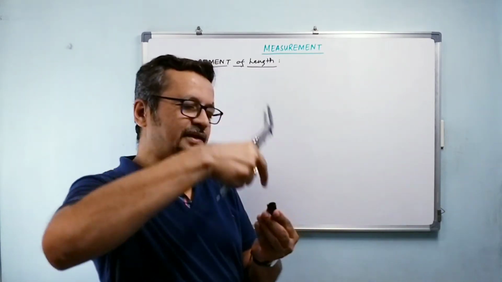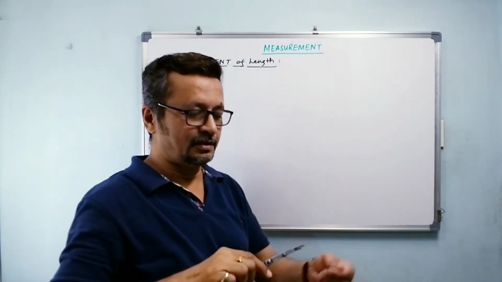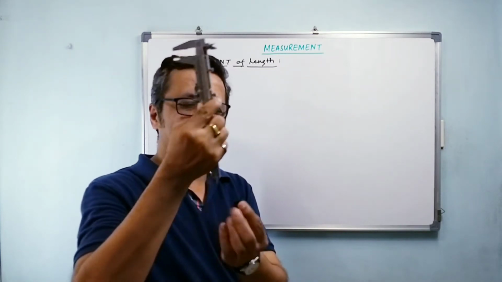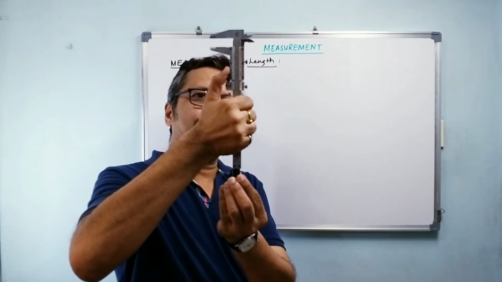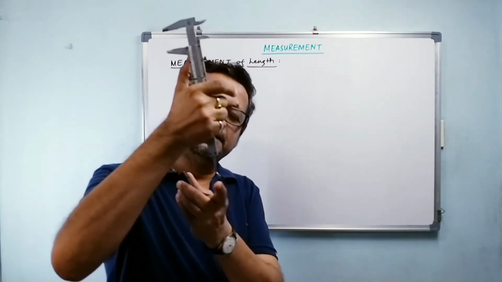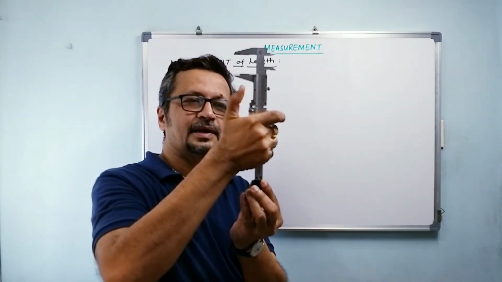What about the depth? Can I measure depth? Yes, I can. Now again I'll loosen this and I'm going to use this side. So what I do here is I just pull it down here till this part touches the bottom of the cap, correct?